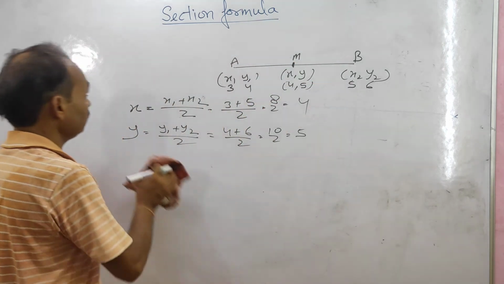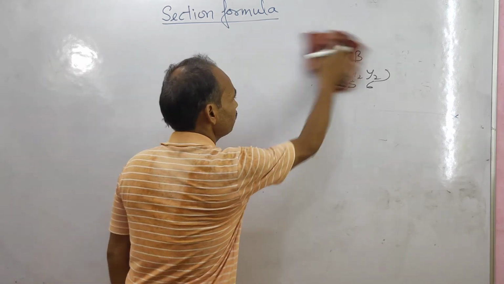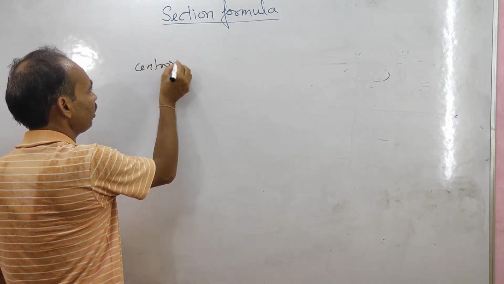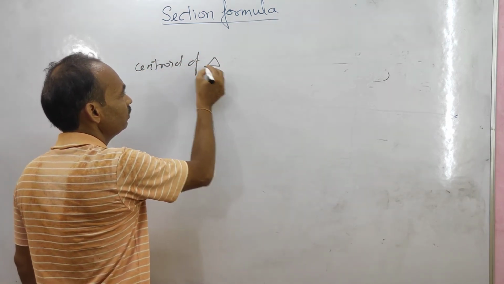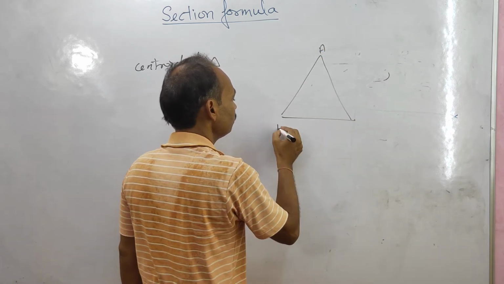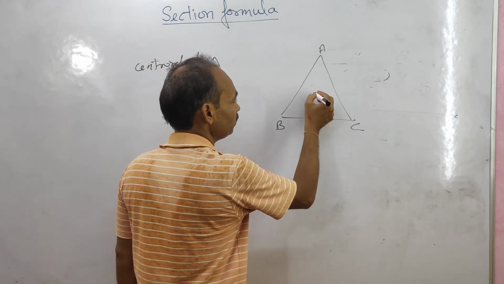And the third point of the section formula is also very easy. You can also calculate the centroid of a triangle. If there is a triangle A, B and C, what is the value of centroid P?